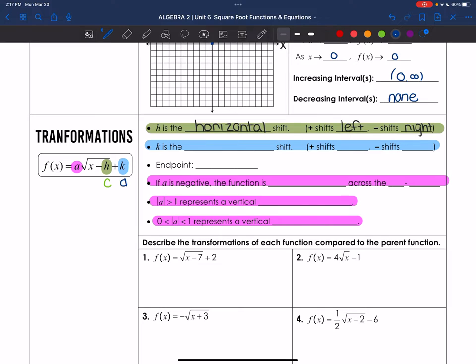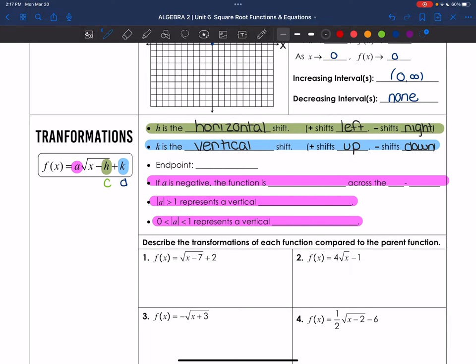At the end of your function, after the radical, if what you have is something like this k value being added or subtracted, that's going to cause a vertical shift. If you have plus some k value, that's going to shift it up. Minus will shift it in the other direction, down.